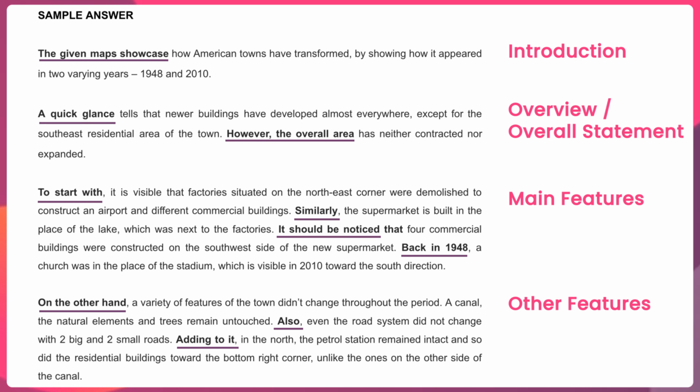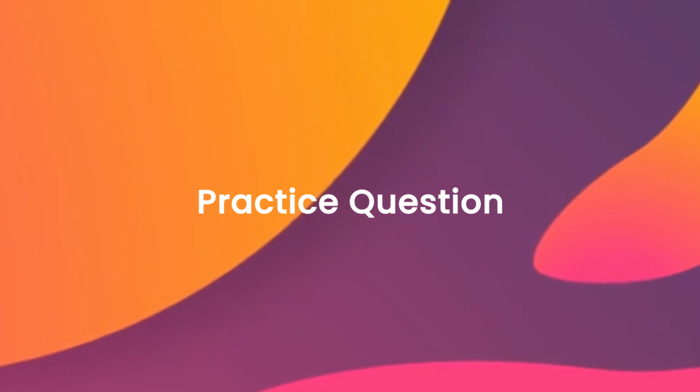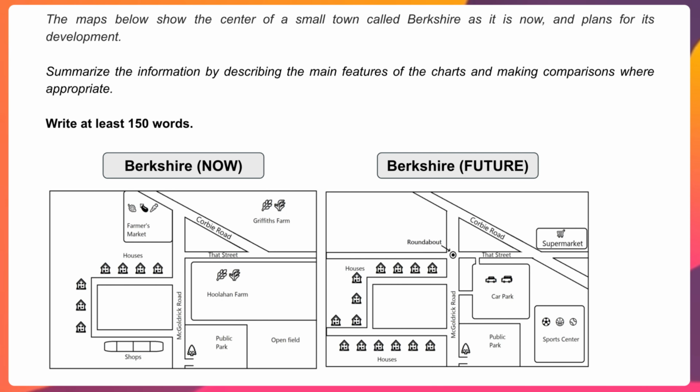These are the three different linkers used in the fourth paragraph to show a connection with the third paragraph. In this manner, the sample answer clearly describes the two different plans, one in 1948 and the other in 2010.